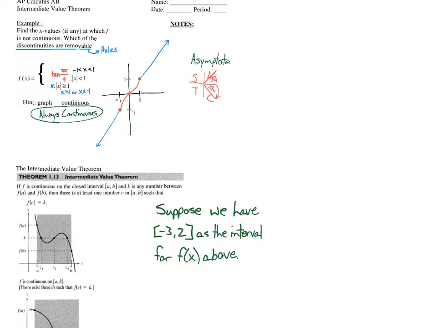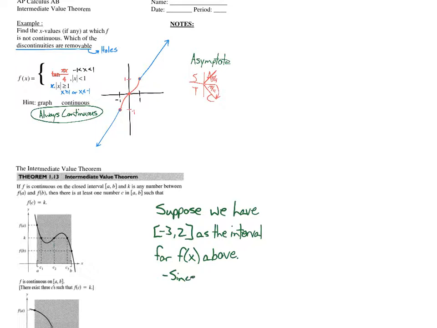Well, first of all, because we know that f of x above is always continuous, then we automatically know that it will be continuous on the closed interval -3, 2. So that's the first condition.